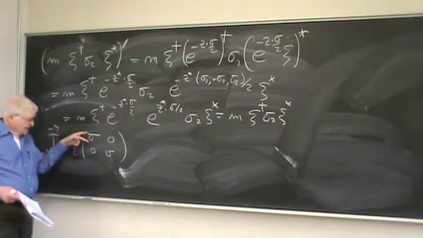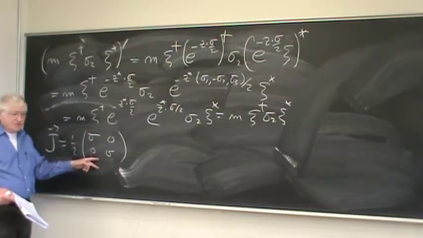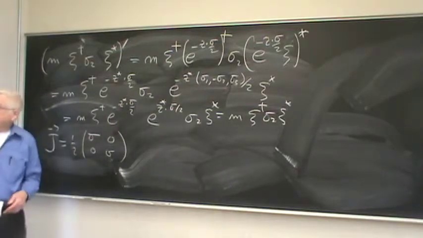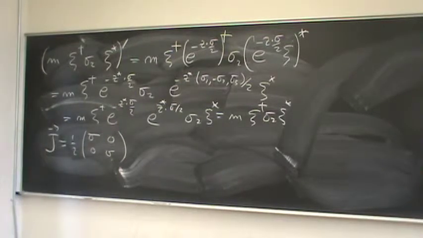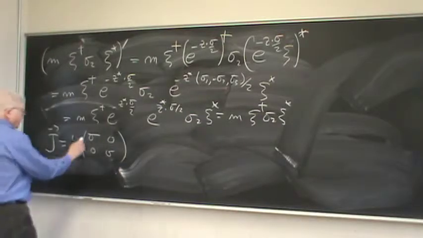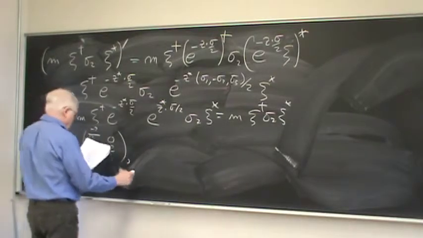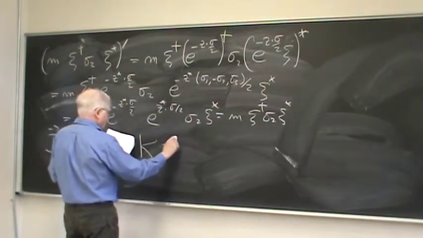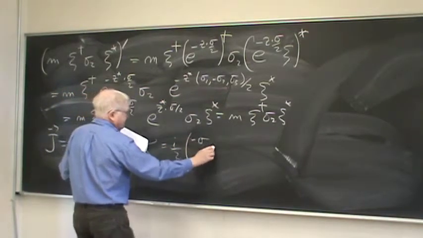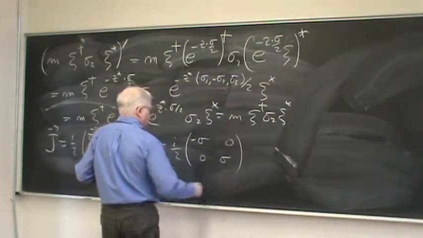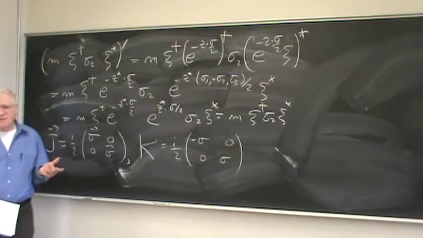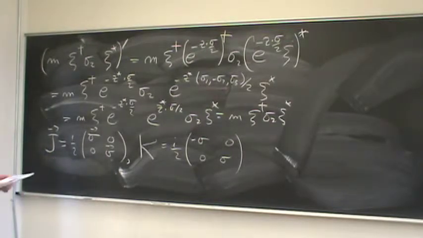So we have the upper two components of the left-handed, bottom two of the right-handed. And what you can see here is that the spin part is minus i theta here, and it's also minus i theta there. So the spin part is the same. That's why we have the same sigmas. On the other hand, the boost part is i over 2 minus sigma, 0, 0, sigma. So it's the boost part that distinguishes the right and left-handed two-component spins.